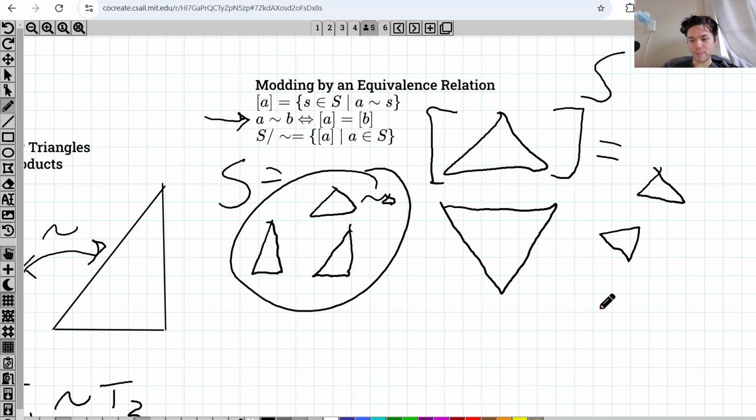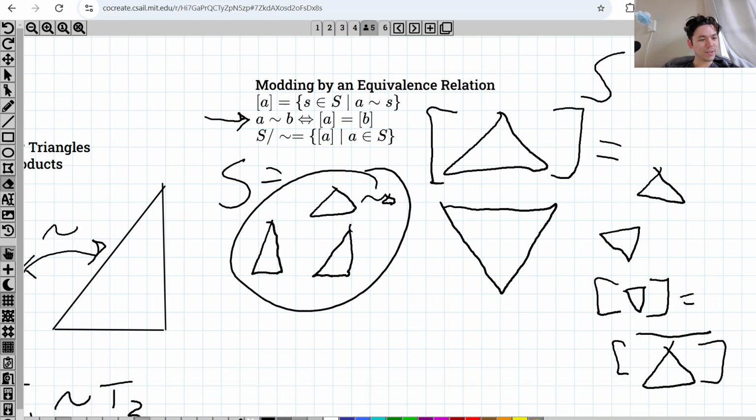And so an example here is that the equivalence class of an upside down little triangle, if it's still equilateral, is equal to the equivalence class of our bigger, right side up equilateral triangle. Oh wait, imagine that line's not there. I'll erase it.